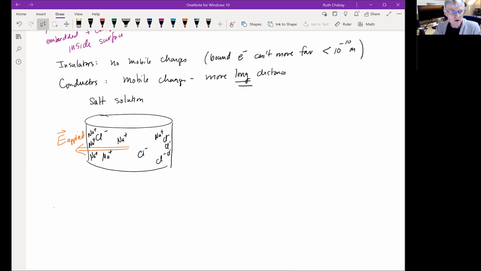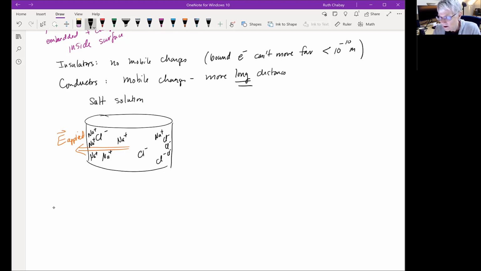Now, since these things can move long distances, presumably their motion is proportional to the applied field. If we apply a small field, they're probably going to move slower than if we apply a large field. We actually have a relationship that we can write down mathematically.